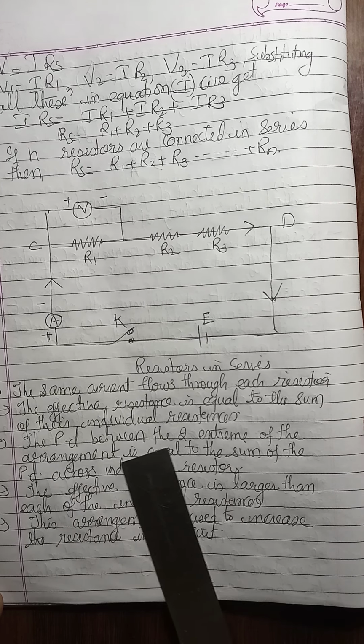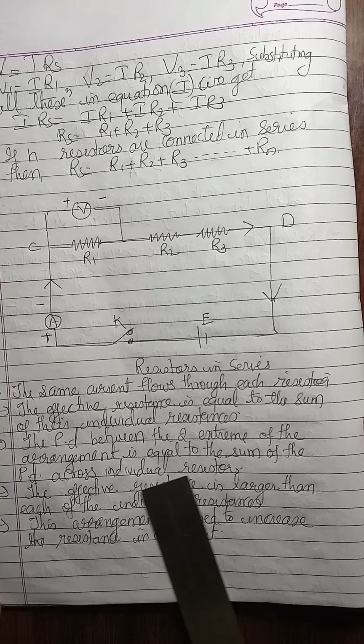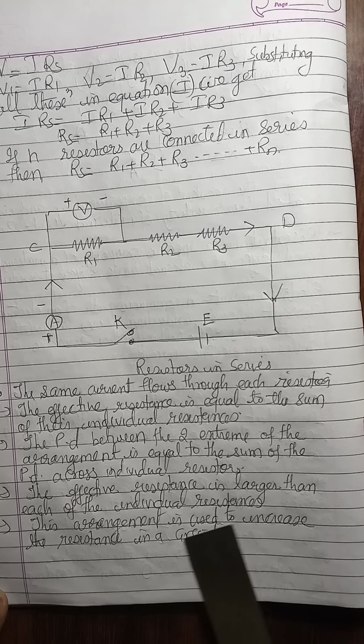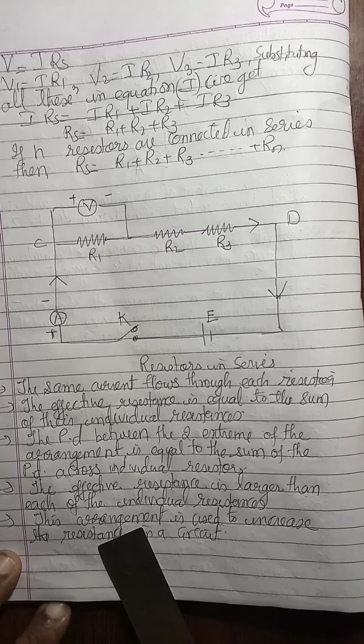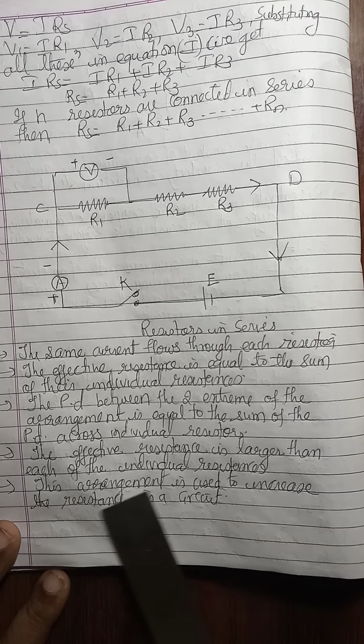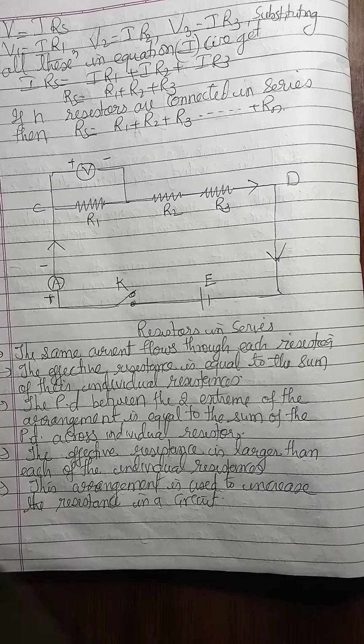Third, the potential difference between the two extremes of the arrangement is equal to the sum of the potential differences across the individual resistors. Fourth, the effective resistance is larger than each of the individual resistances. The effective means total resistance, that is Rs is always greater than R1, R2 and R3.